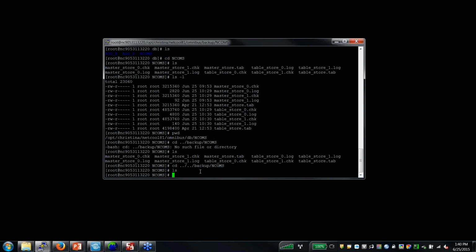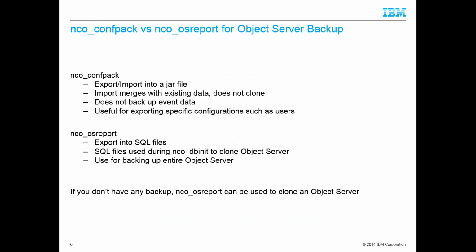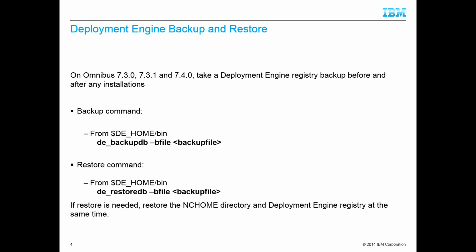The question just came in. For DE backup, can you just use DE underscore backup DB, or should you back up the .acsi underscore name directory when doing installs of fix packs? That's a good question. You can certainly back up the entire ACSI directory and use the DE backup DB command, but the ACSI directory can be quite large.